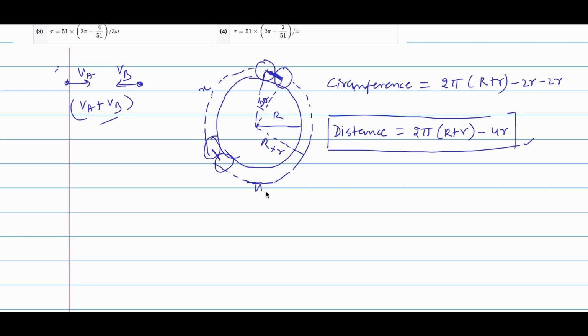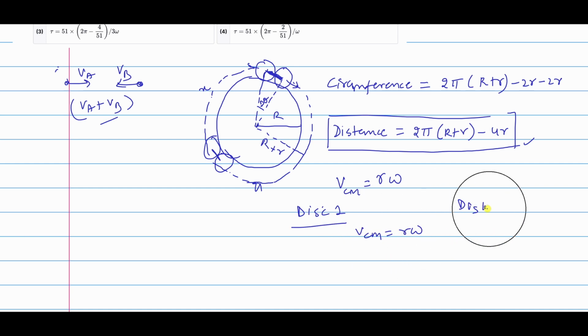Similarly we can do something like this here, but for that we first need to find the center of mass velocities. We know that the center of mass velocity formula is R into omega, but in this case the radius is small r, so small r times omega. For disk 1, v center of mass is equal to r omega.